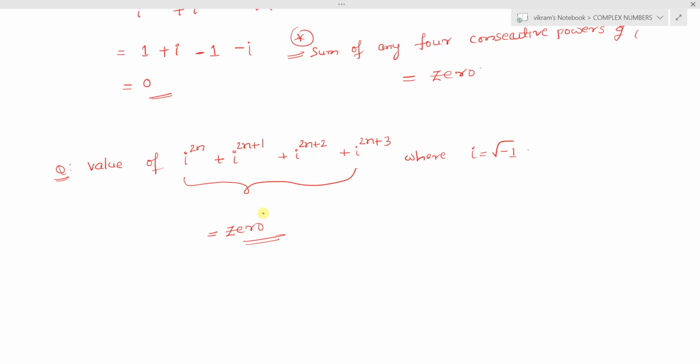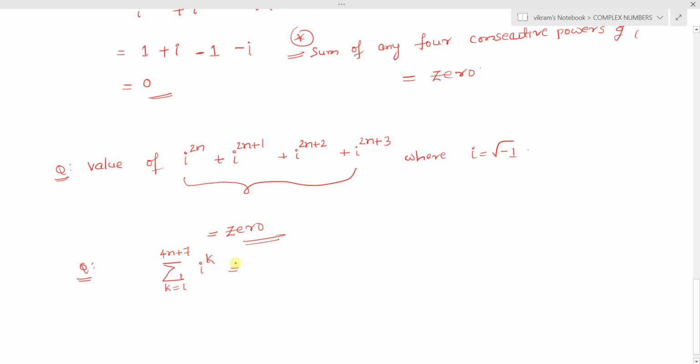Now consider another question. Find the value of the summation, k equals 1 to 4n+7, of i^k.